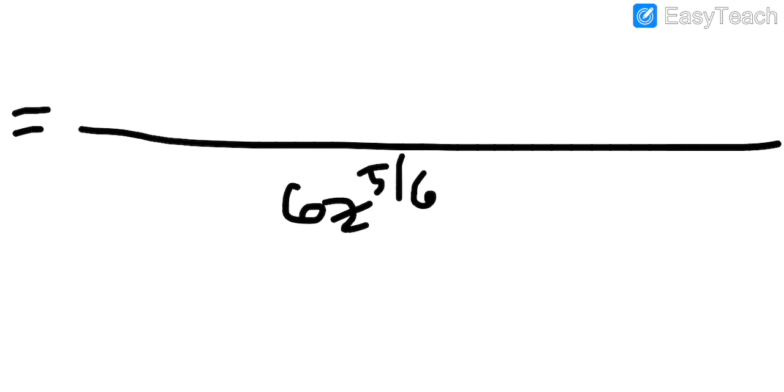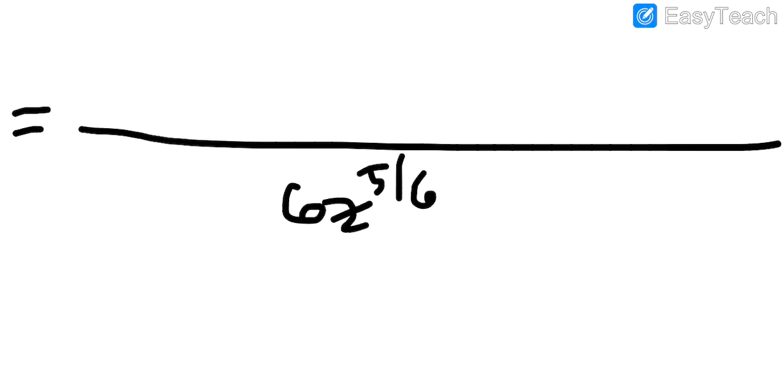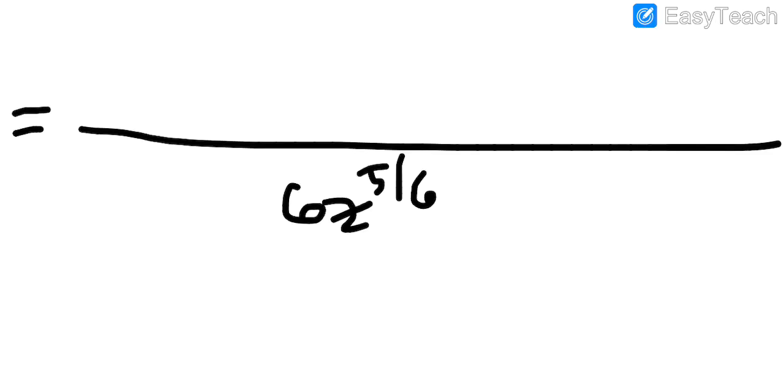Now let's simplify. This 6z raised to 5 over 6 divided by 2 square root of z is equal to 3 cube root of z times this whole term.